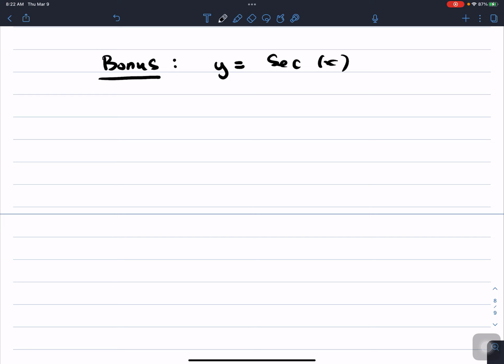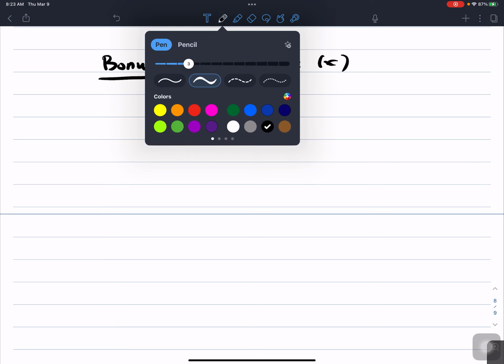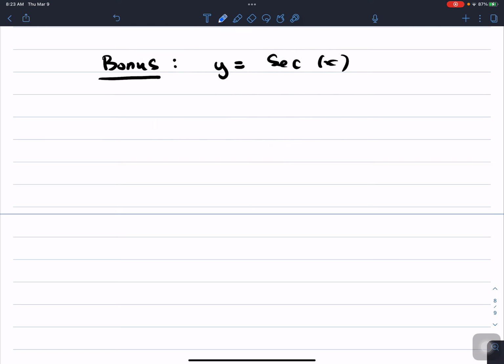Y equals secant. Do you guys recall, what's the reciprocal of secant? Cosine? I want you guys to note here.